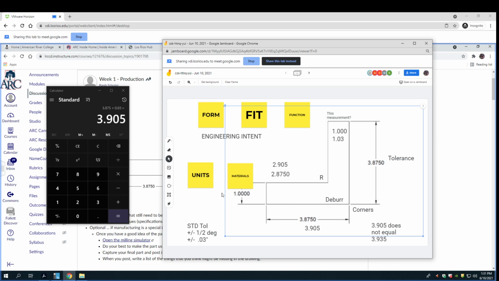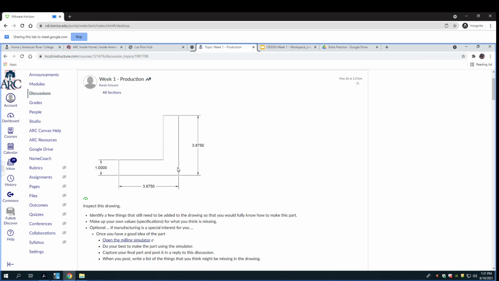So those are some of the things that I see. How do you treat the corners? How do you treat the radiuses? This dimension is definitely needed, or this dimension is definitely needed. Our tolerances are needed. The materials are needed. The units are needed. What else was on our list here?